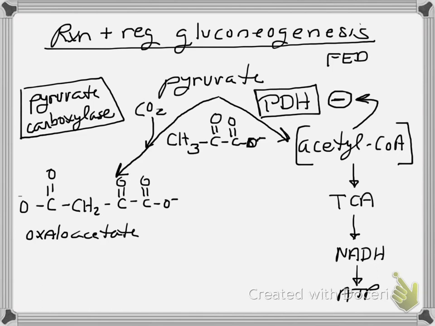So if we have elevated concentrations of acetyl-CoA, we can inhibit pyruvate dehydrogenase and we can promote pyruvate carboxylase, because the same high concentration of acetyl-CoA now becomes a positive regulator of pyruvate carboxylase. Once that happens, the pyruvate now will be converted into oxaloacetate through the carboxylation reaction.